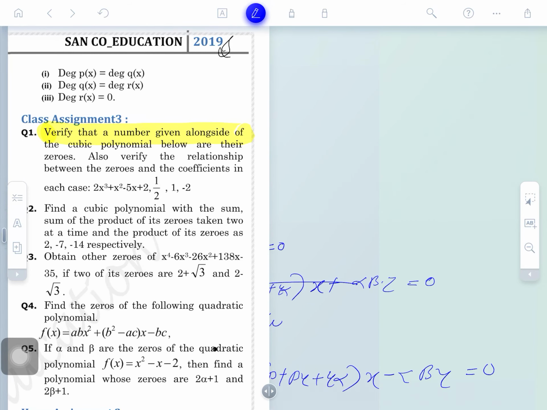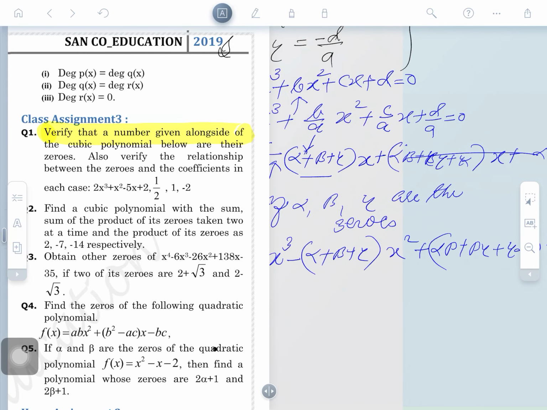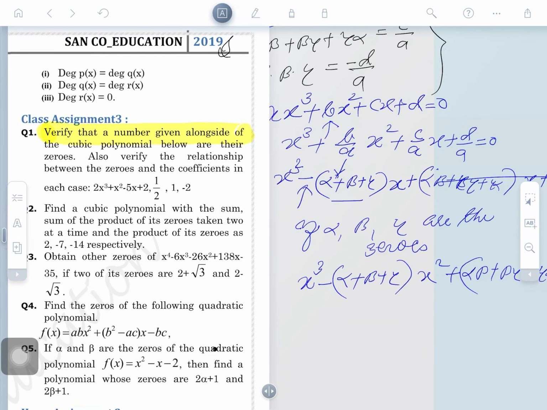Now it means a cubic polynomial can be written in terms of zeros also. So two varieties of questions are now developing.